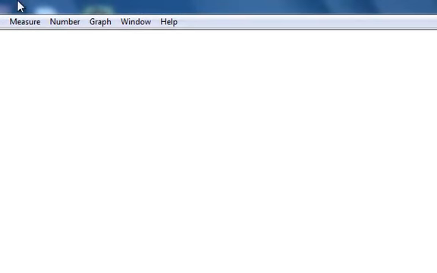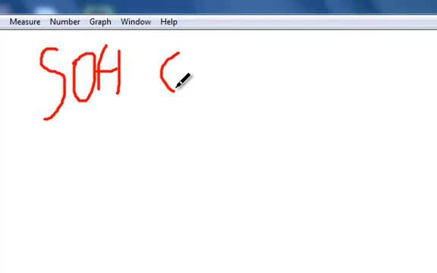The basics to trigonometry are SOHCAHTOA.